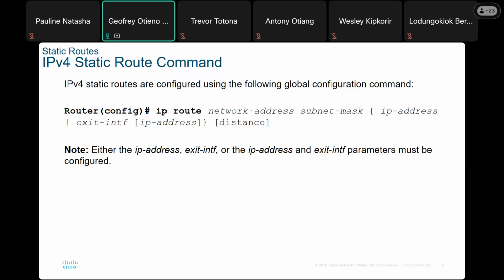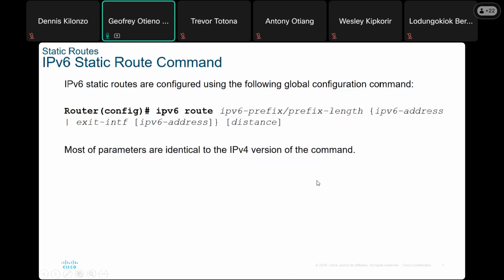Then the next hop options, so there are three that you can set. You cannot have all of them, it's just one at a time. So you have the IP address, or the exit interface together with the IP address, or the exit interface alone. Those are the things that you can set.